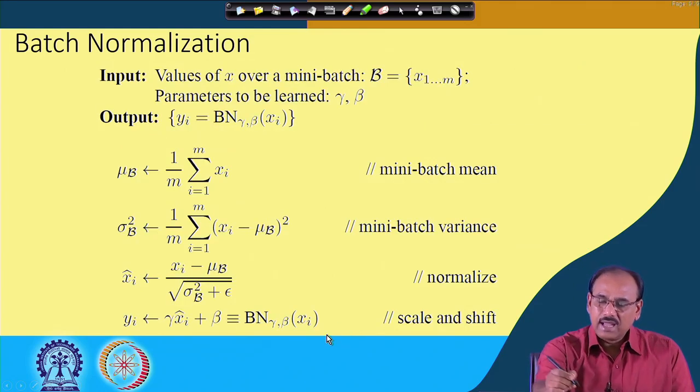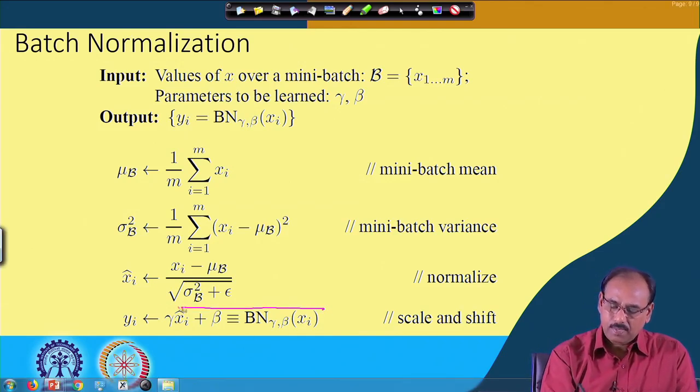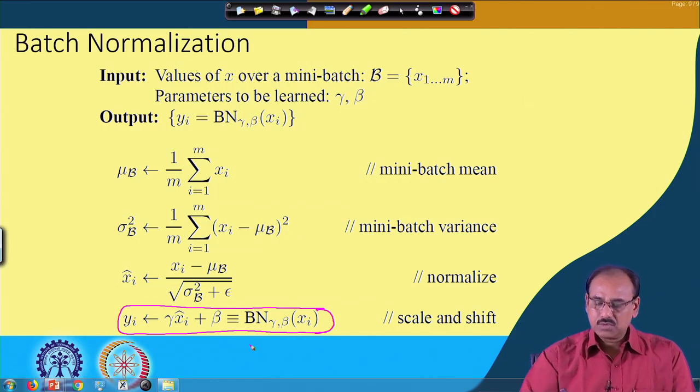And after that, as we have said before, you go for this reparameterization, that is, from every normalized training vector xi hat, we create the batch normalized vector yi, which is gamma times xi hat plus beta, and this is your batch normalized data.